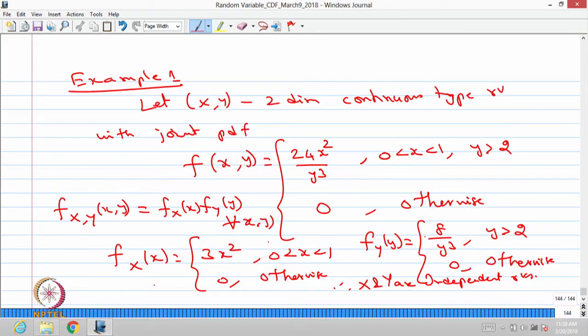We can check it from the CDF also, that is the if and only if condition for the CDF, but since the joint probability density function is given, you can find the probability density function of x and y, then you can verify the independence condition on the probability density function, that is satisfied. Therefore, both the random variables are independent.